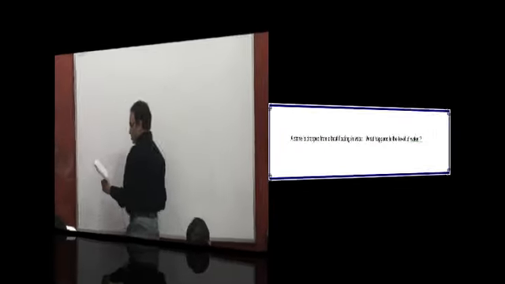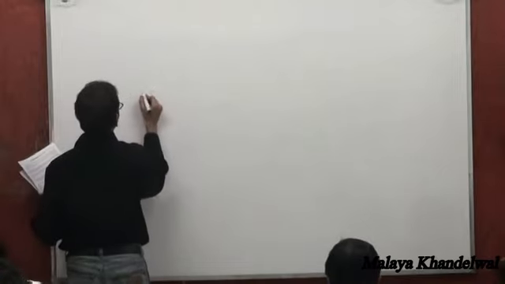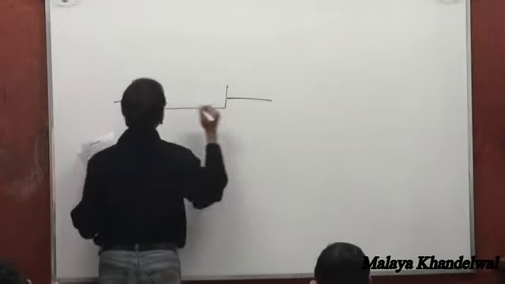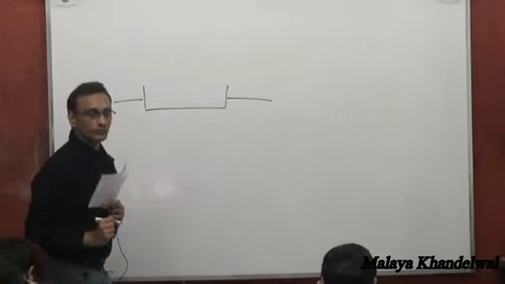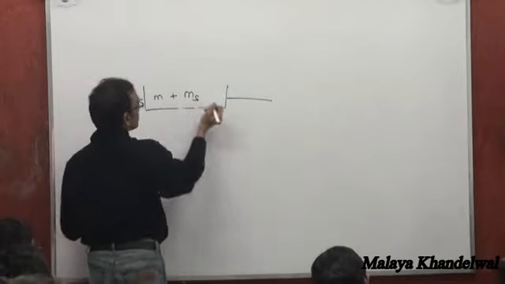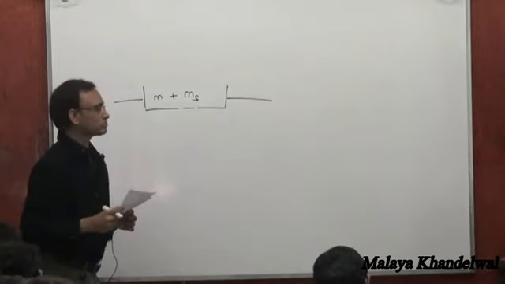A stone is dropped from a boat floating in water. So this was a simple model of a boat floating in water. M was the mass of the boat and ms was the mass of the stone, right?